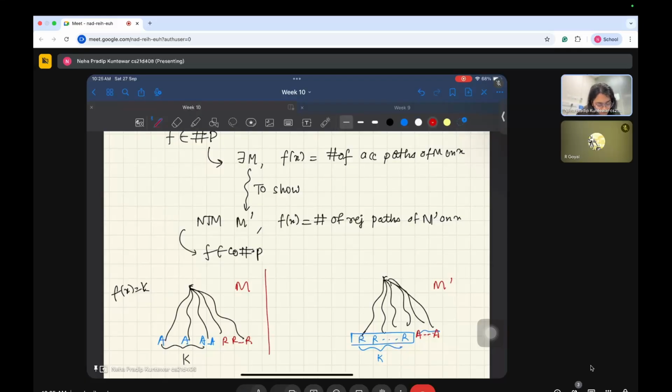So M prime runs M on x. If M accepts, then reject, and if M rejects, then accept.